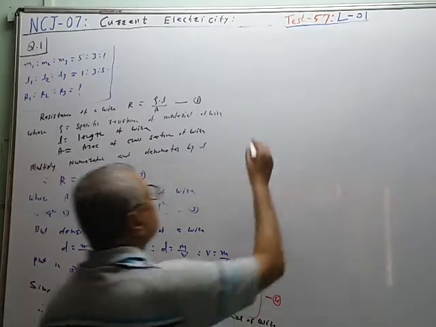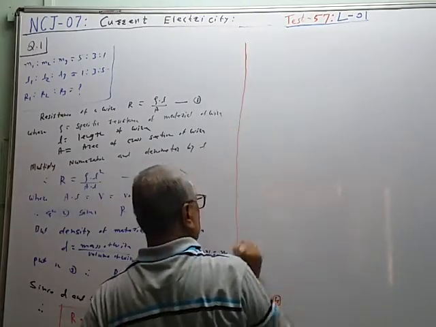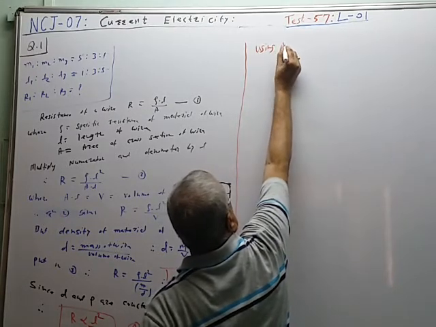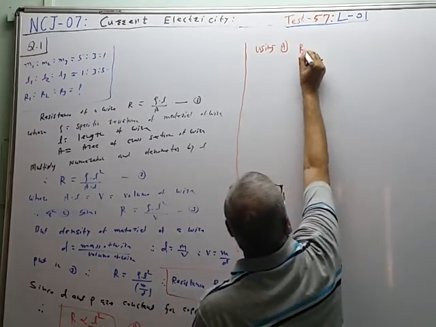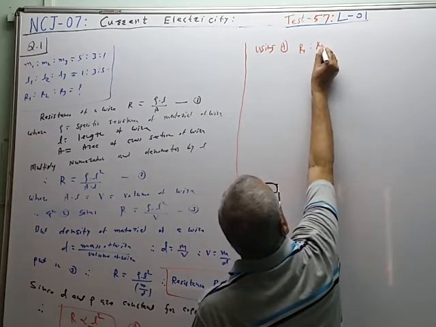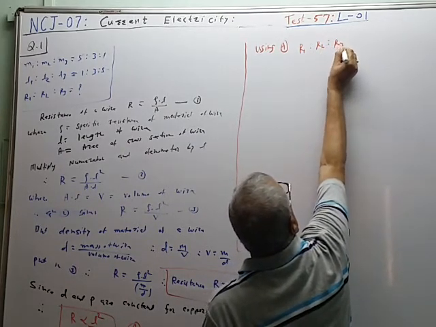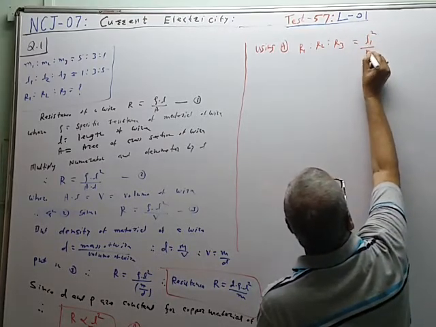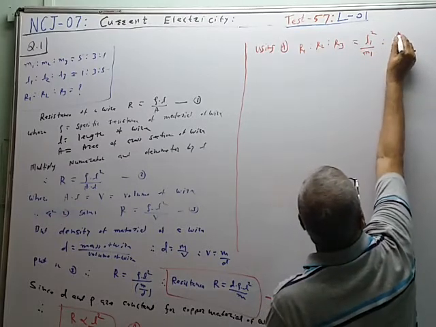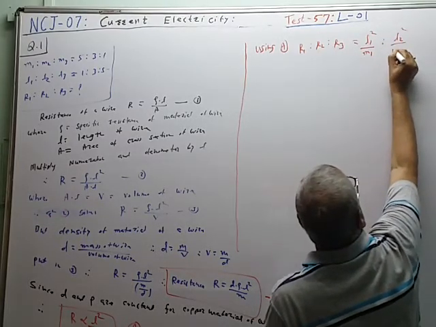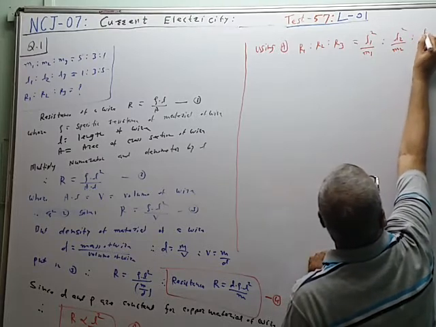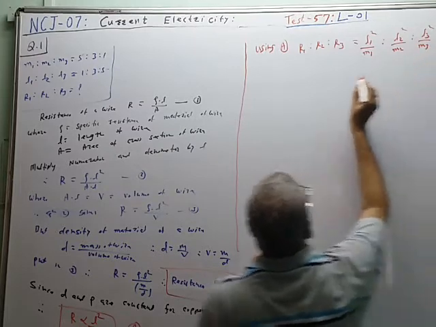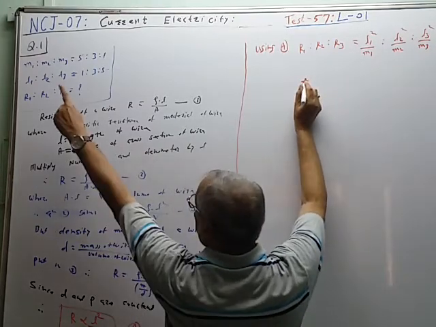So using A, R1 : R2 : R3 is equal to L1 square upon M1 : L2 square upon M2 : L3 square upon M3. Now use this value.